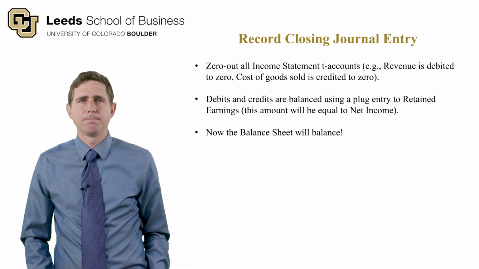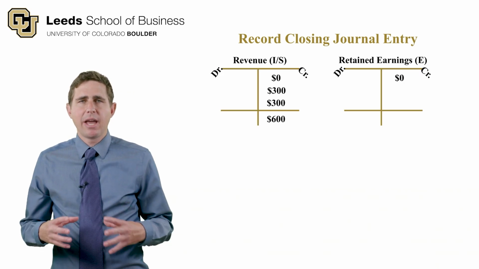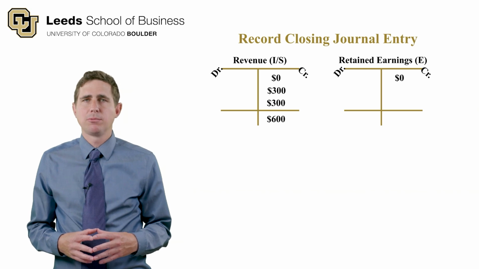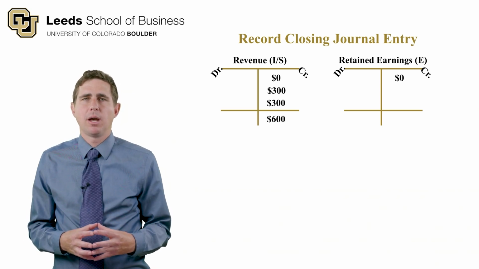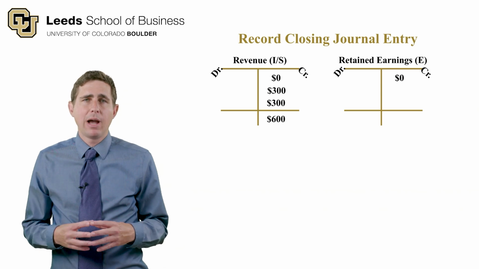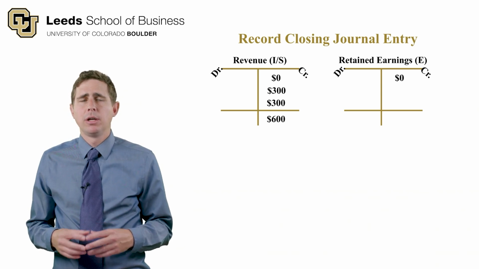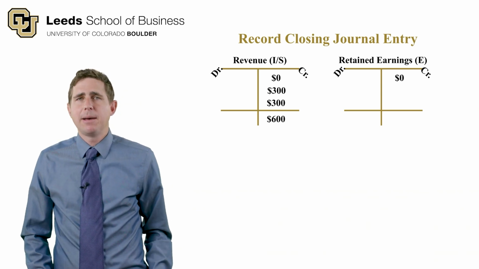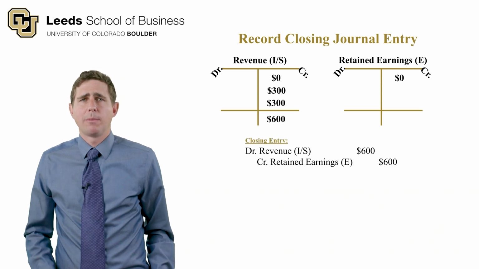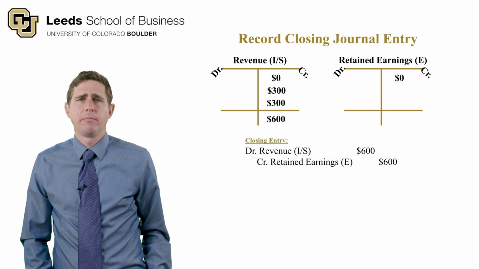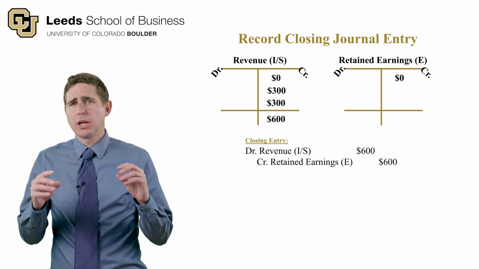Let me show you what I mean. Suppose we just have one income statement account and it's revenue, and we need to record the closing entry for this company. To close revenue out, it's got a credit balance of 600. To close it to 0, I need to debit this account by 600. So I'm going to debit revenue by 600. And to balance the journal entry, it goes to retained earnings.